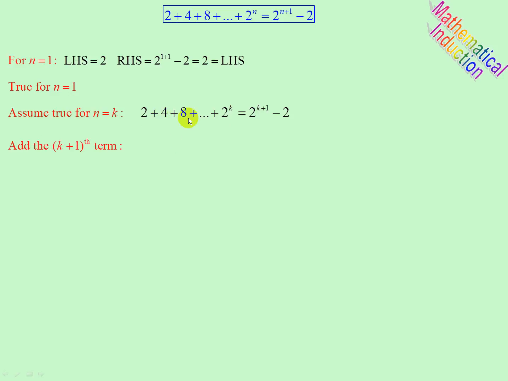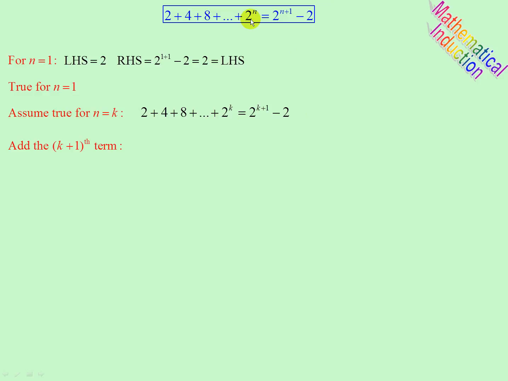Once again, that's going to stay. That's going to stay, but we're going to add in the k plus 1th term. There's the nth term. The pth term would be 2 to the p. The gth term would be 2 to the g. The 12th term will be 2 to the 12.